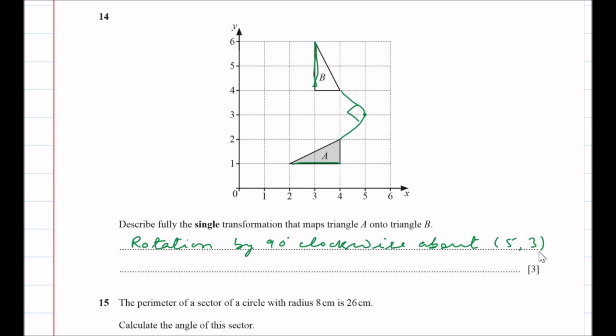Center of rotation is 5, 3. For word rotation, 1 mark. For giving angle and clockwise, we are getting the second mark. And for the center of rotation, you will get third mark.